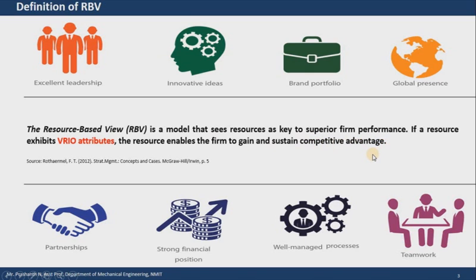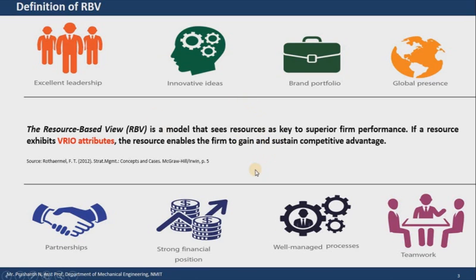So this is the key word, my dear students: competitive advantage. Why are we doing all these things? In order to have competitive advantage in the market, and this advantage needs to be sustained over a longer period of time, so that I can sustain in the market and position myself in the market. So that is the basic idea of resource-based view.